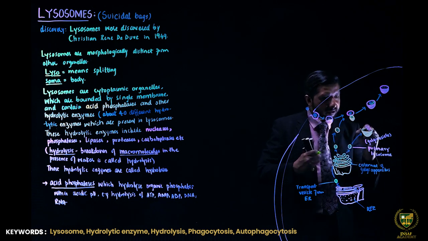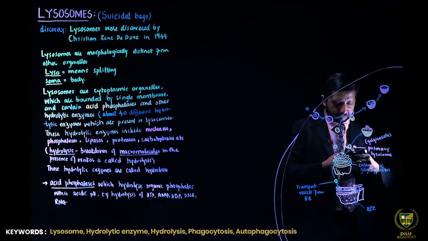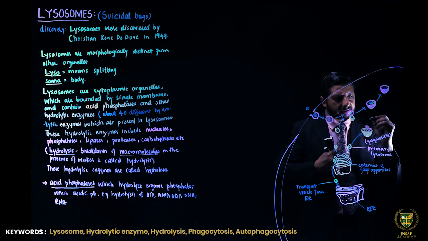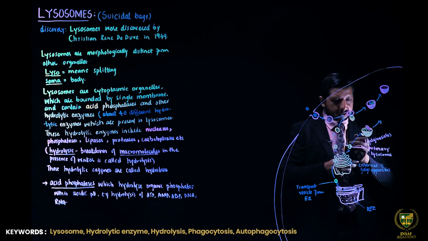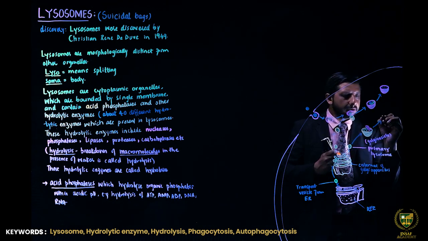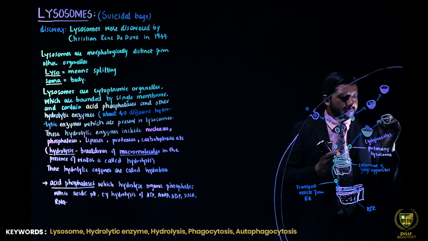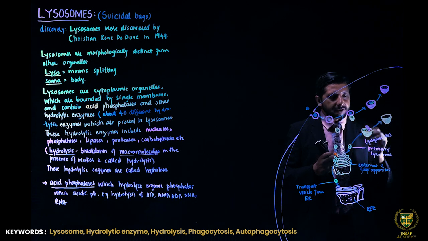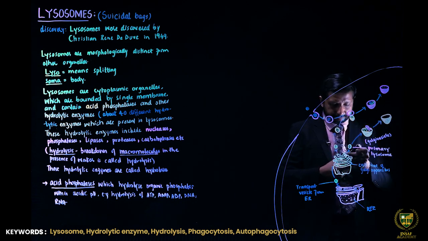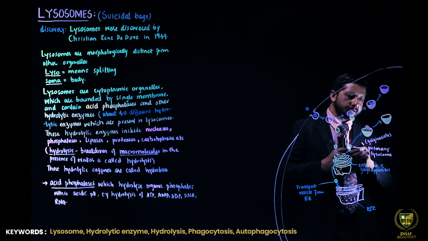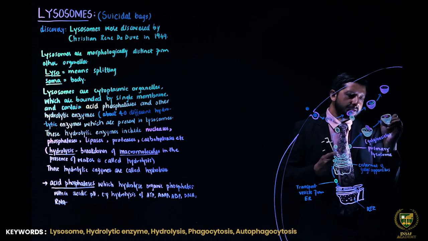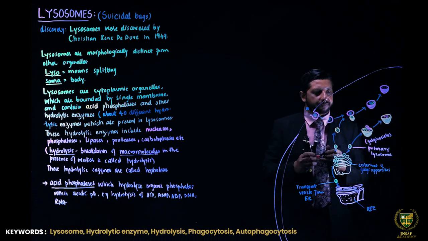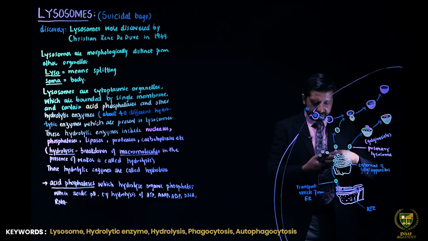So this primary lysosome will start digesting, and ultimately it will convert into digested food material, and the parts could be reused or recycled. So this is digested mitochondria. Clear? Now I'm going to label it.